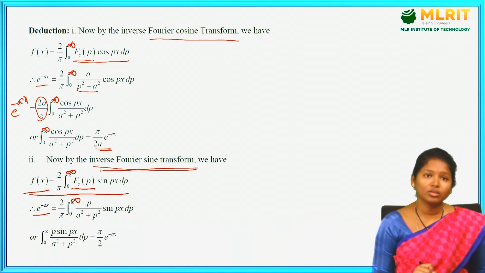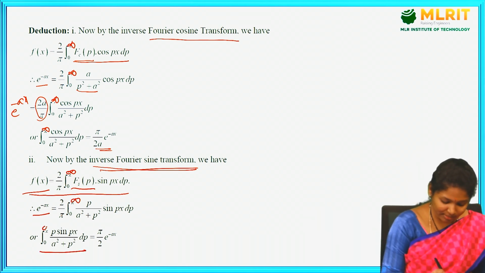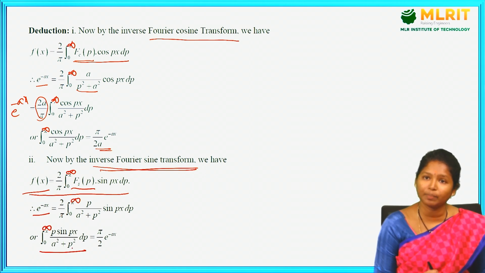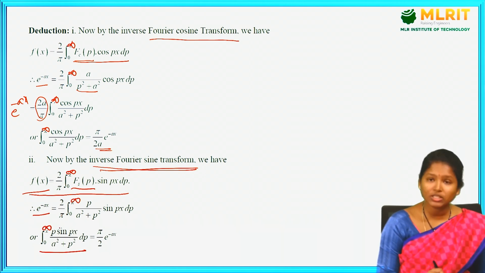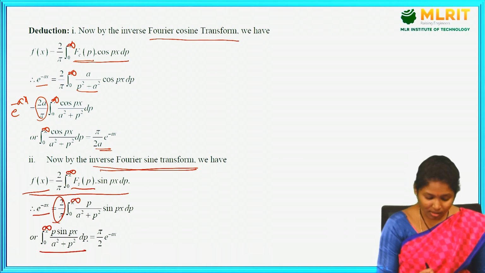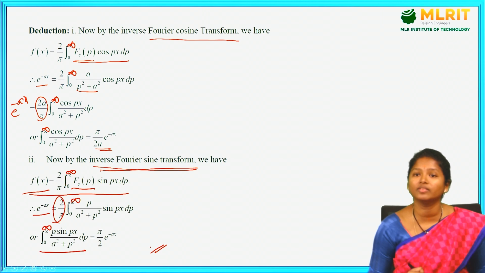So we will get 2 by pi integral 0 to infinity p by a square plus p square sine px dp. They gave that we have to deduce integral 0 to infinity p sine px by a square plus p square dp. So that's why I am taking the constant to the left hand side. I will get pi by 2 e power minus ax. This is the result of this example.